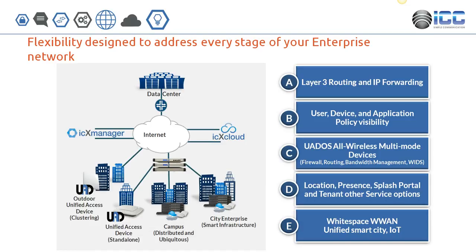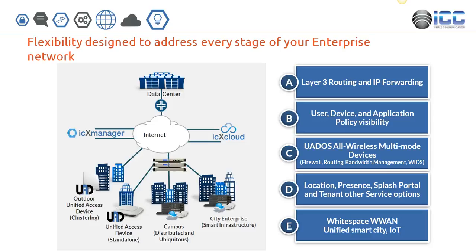This flexibility of design to address different stages of the enterprise network allows our partners to deploy nearly any size network ecosystem, whether you're focused on the unified access standalone devices that are cloud managed for indoor or outdoor usage for high density and traffic areas, campus level distributed and ubiquitous wireless ecosystems, or closed ecosystems under private or hybrid cloud environments for a city or enterprise kind of network ecosystem.